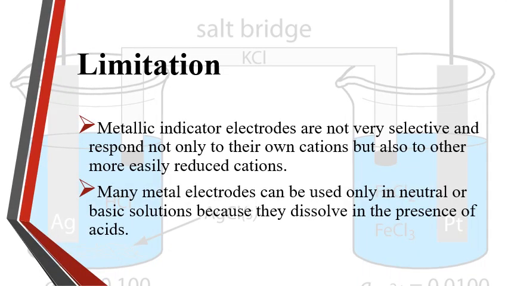Metallic indicators, while useful, are not highly selective and can respond to other cations besides their own. Additionally, they are limited to use in neutral or basic solution, as they can dissolve in acidic conditions.